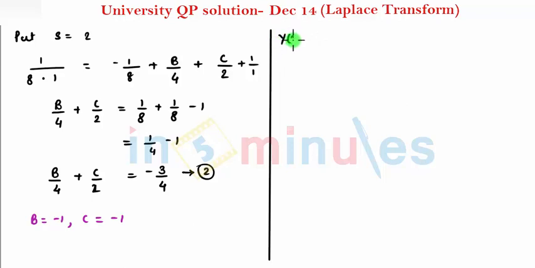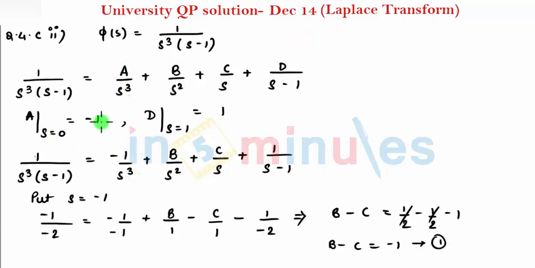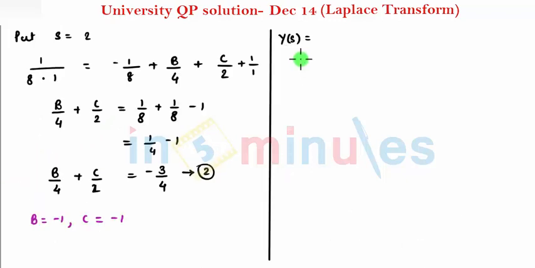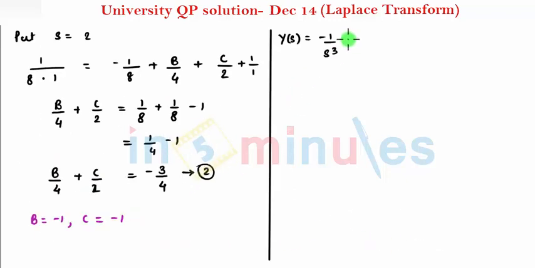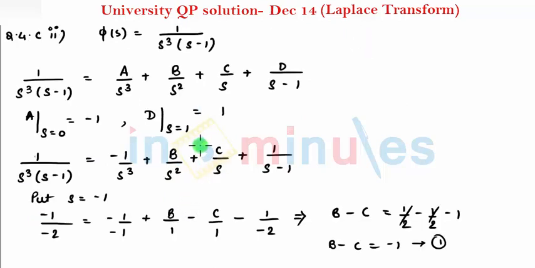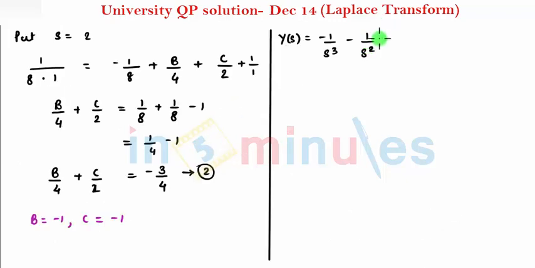Y of s is equal to a upon s cube, where a is minus 1, so minus 1 upon s cube, and then b upon s square, where b is minus 1, so minus 1 upon s square. C is minus 1 and d is 1, so minus 1 upon s plus 1 upon s minus 1.